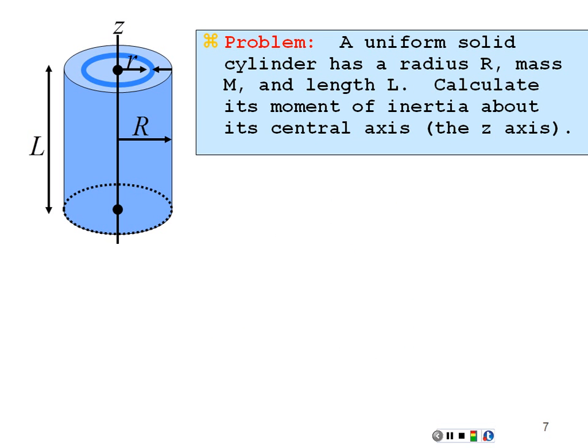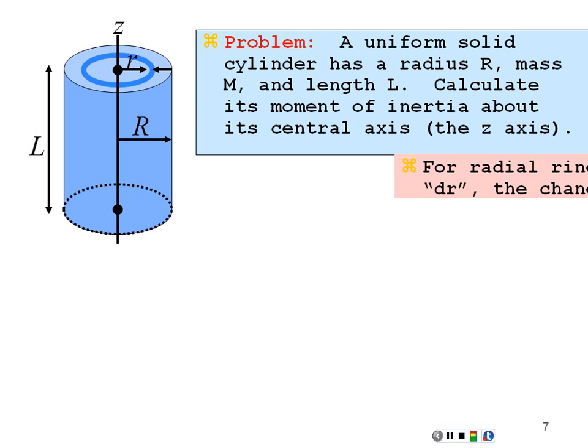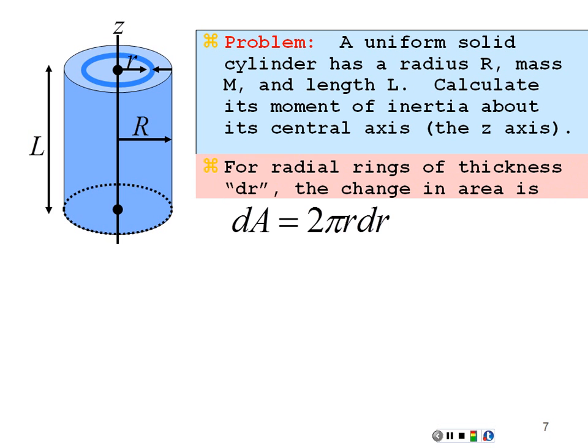We're going to consider a ring around this cylinder, and the ring has a perimeter of 2 pi r, and the thickness of the ring is going to be dr. So the area of this ring, as we go around here, is going to be 2 pi r dr. The perimeter times the thickness, dr, will give us the area of that ring.